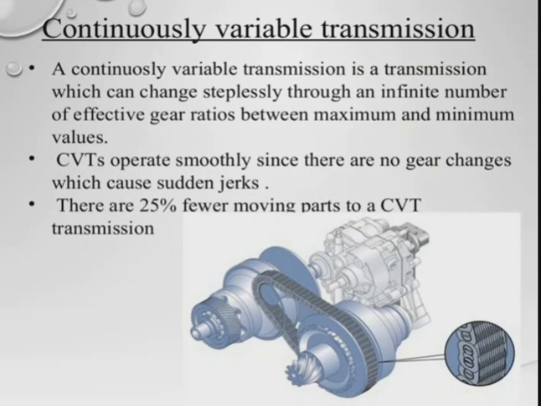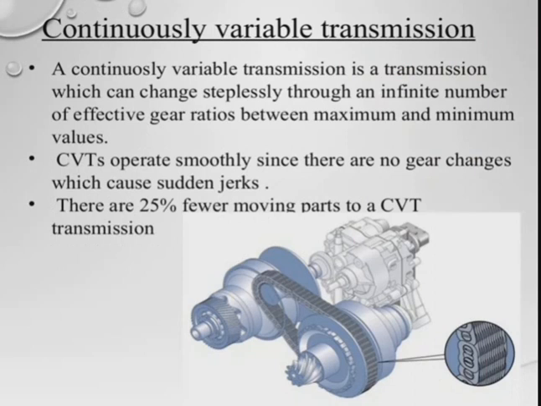So, the continuously variable transmission. Here you can see that it is a transmission that changes steplessly through an infinite number of effective gear ratios between maximum and minimum gear values. As you know, in the manual system we use gear ratios, and there are gears everywhere.